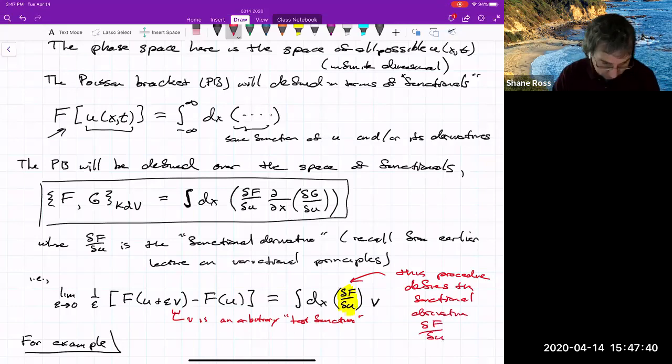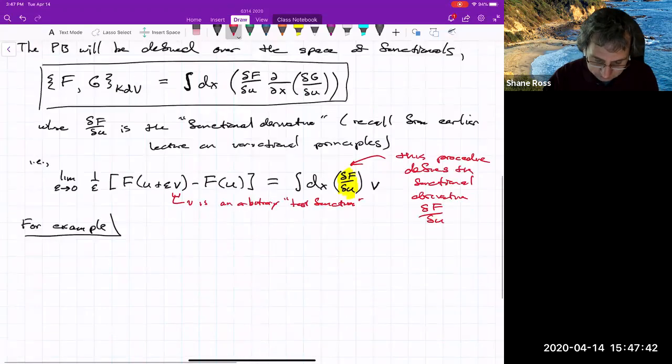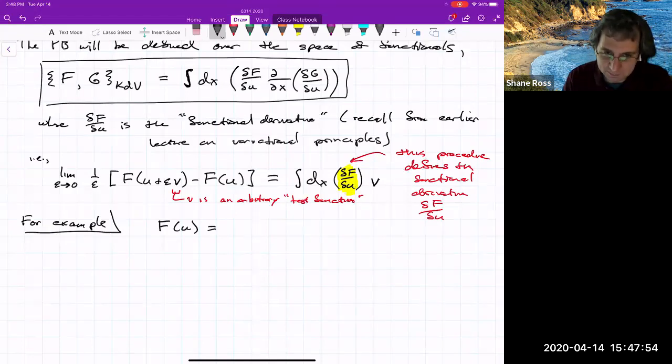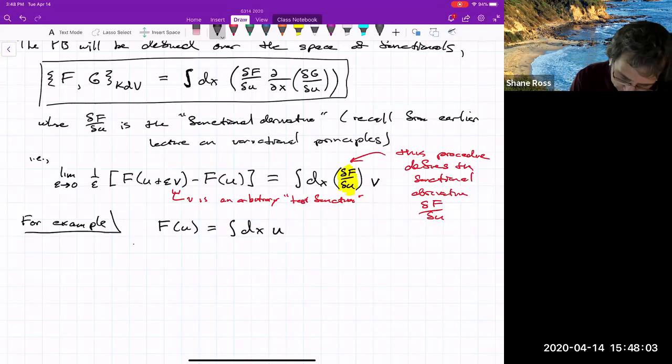Okay, so let me give you some examples of what this procedure gives you. All right, here's F. If F of u is, let's just pick something simple, the integral over all x of just the function u. Then we can define F of u plus some small scalar epsilon times a test function.